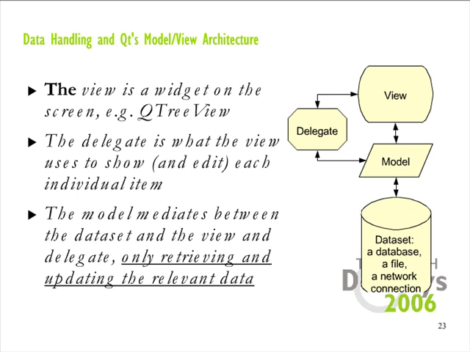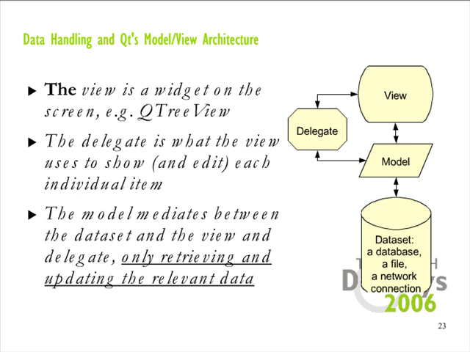You have this model, which is a software component that mediates between the data and the rest of your application. Now, that means if you change the form your data's in, maybe you were using binary files, you've now switched to a database. The only component that needs to change is the model. Everything else talks to the model, and the model's API is uniform, unchanged. So you get the flexibility to change your underlying data.